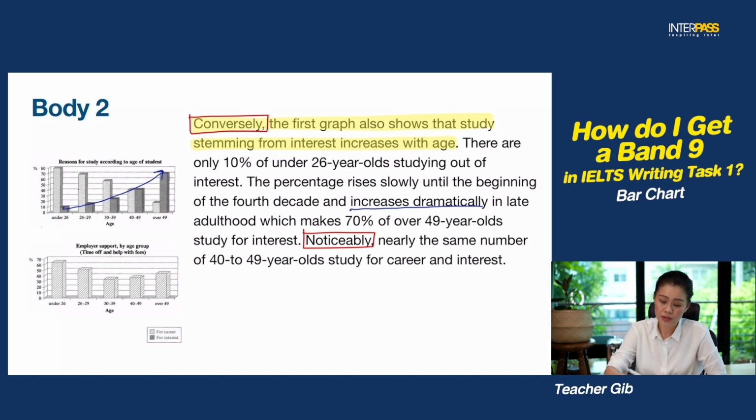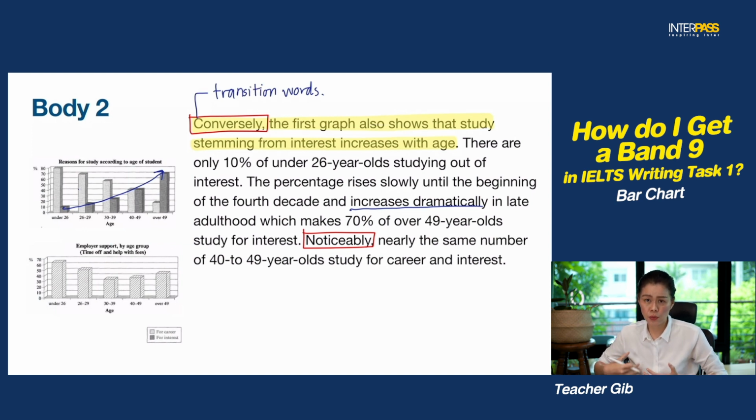Conversely, okay, as you can see, I put the red rectangle around some of the words, and these are called transition words. What is a transition word? A transition word is a word that gives a clue to the reader.